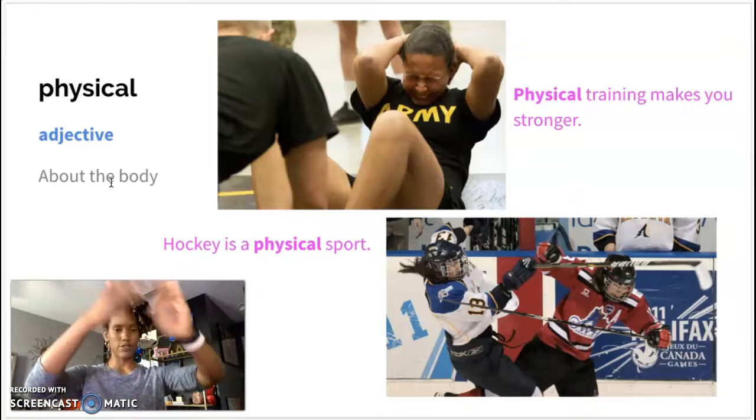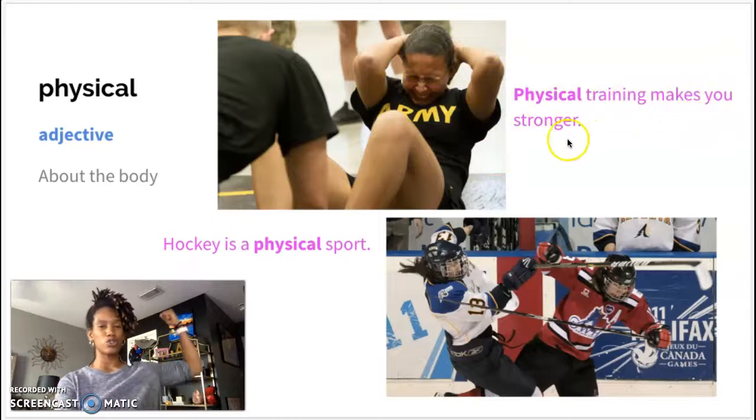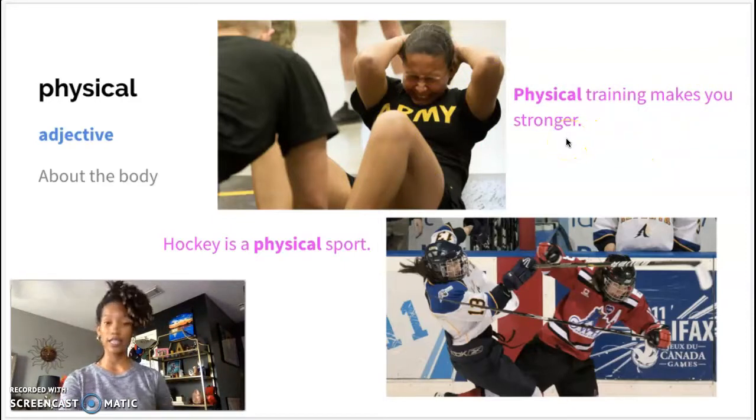We're touching. It's physical. Okay. And then you have a type of training that is physical where you use your body. You're using your whole body. It's physical training. Okay. So look at our example. It says physical training makes you stronger, right? And that's true. Physical training does make you stronger.